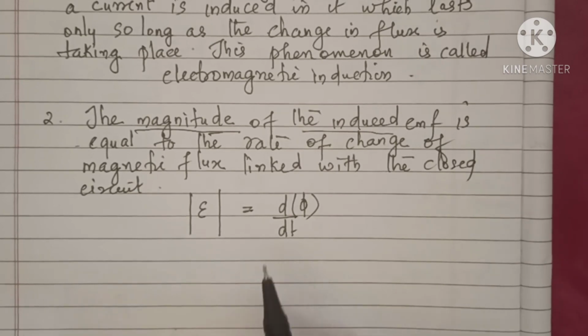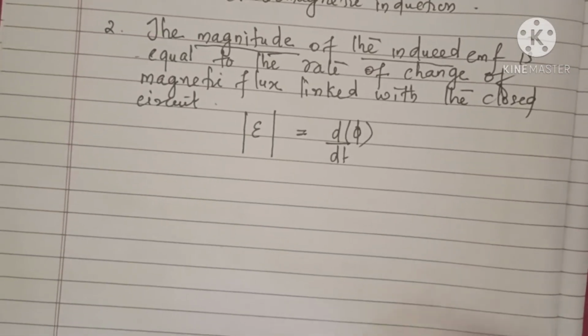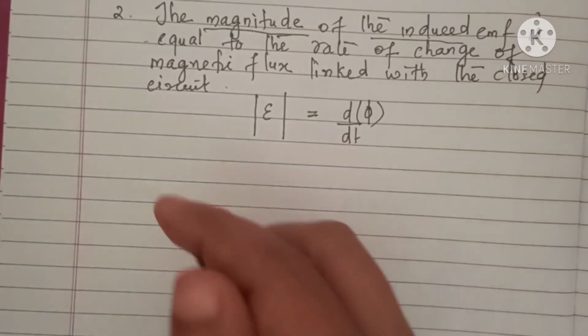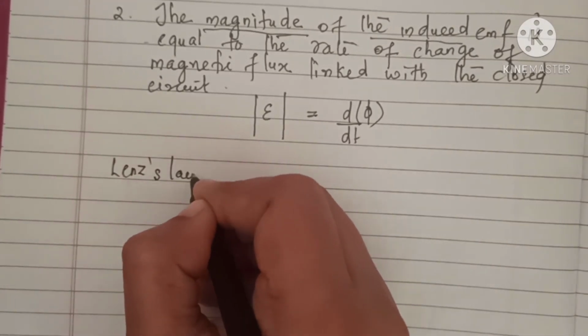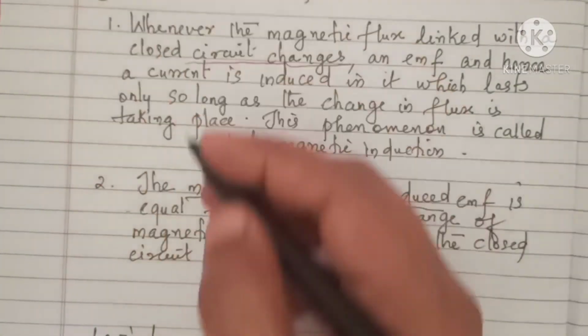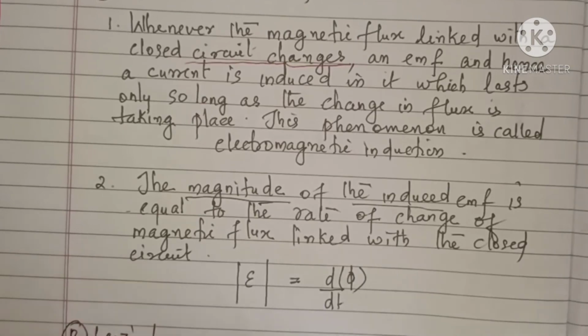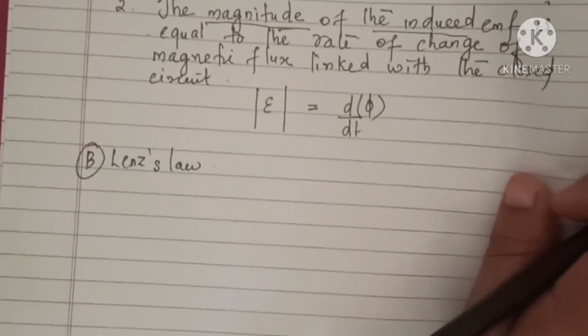Now here you have to study one more law. It gives the direction of induced EMF. Very, very important. Based on that, so many numericals are asked. So that is Lenz's law. Faraday's laws consist of two parts. Then the second is Lenz's law, which gives the direction of the induced EMF.